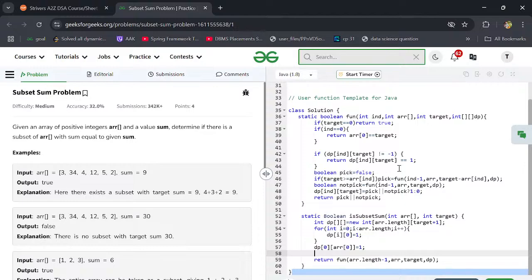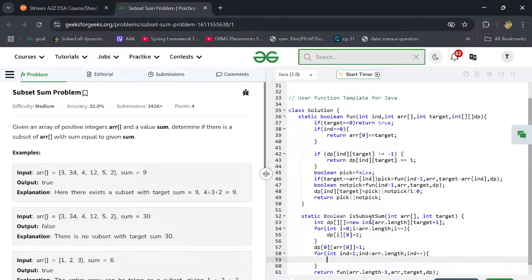Now, you are going with the top-down approach, right? You are done with index 0. I have to start from ind equal to 1, and ind should be less than or equal to arr.length, ind plus plus.